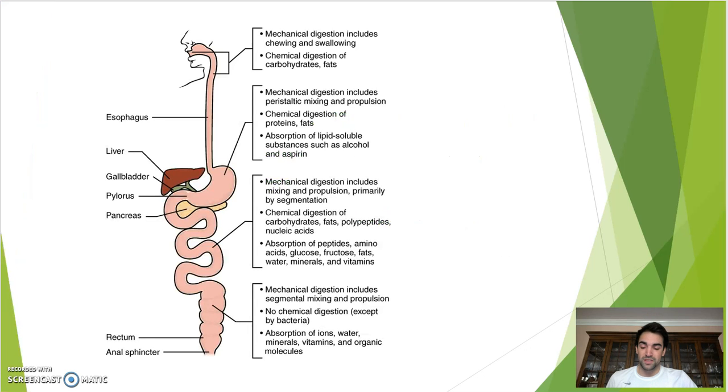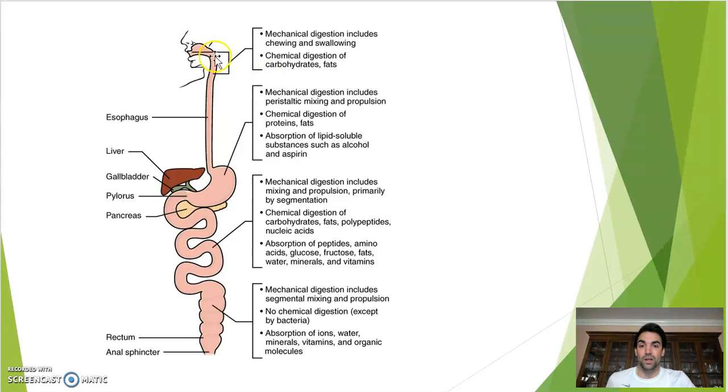So in this slide, we see a summary of every portion of the digestive tract and the associated mechanical and chemical digestive processes that are in each segment of the digestive tract, as well as the different portions that are involved in absorption.